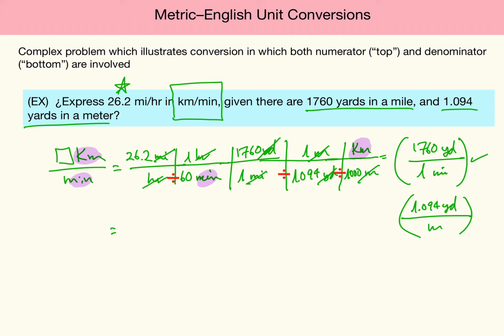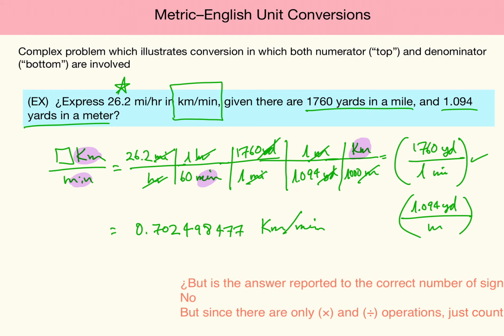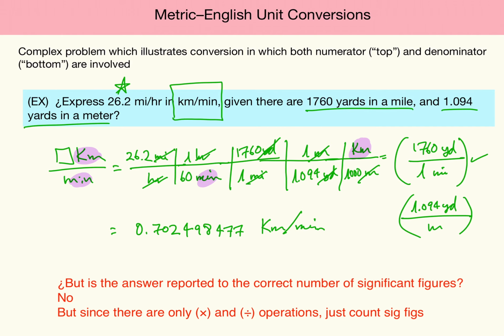Any number that's in the top, you precede it with a multiply sign. And actually, I could do those in any order. But the order that I just gave gives me 0.702. I'll write everything my calculator shows me. 498,477 kilometers per minute. This is the correct digits.